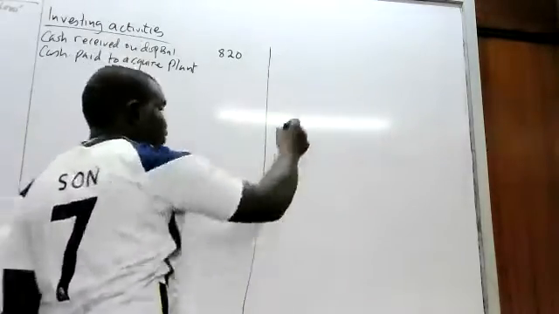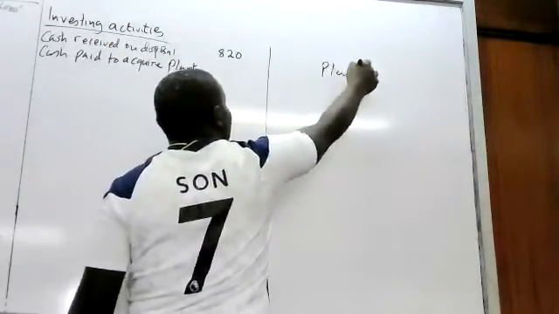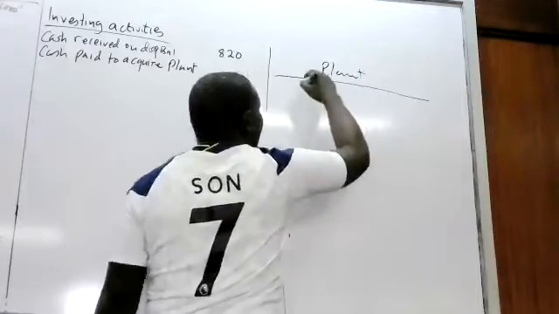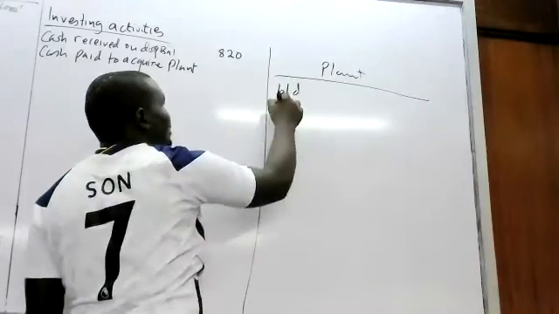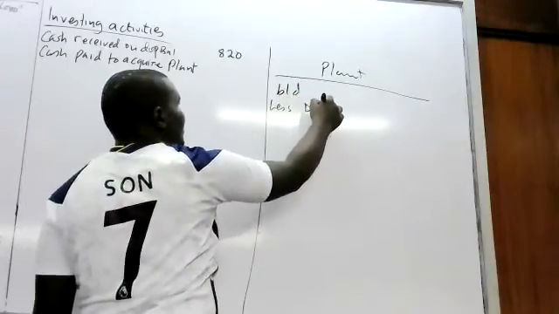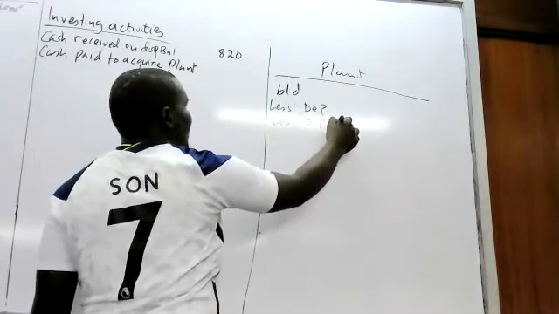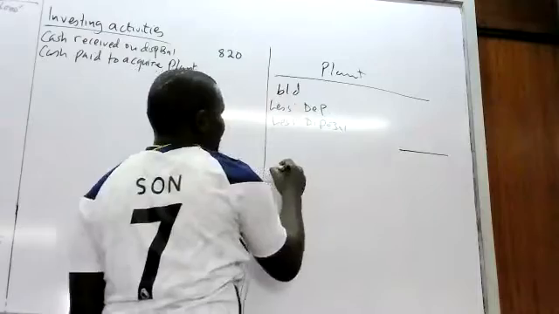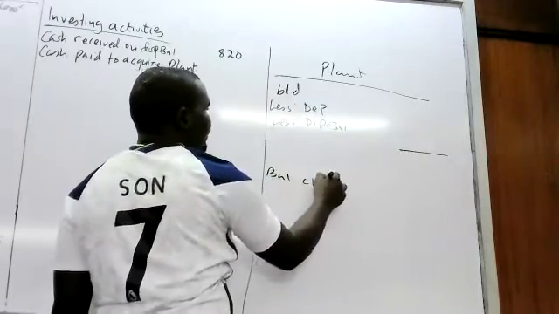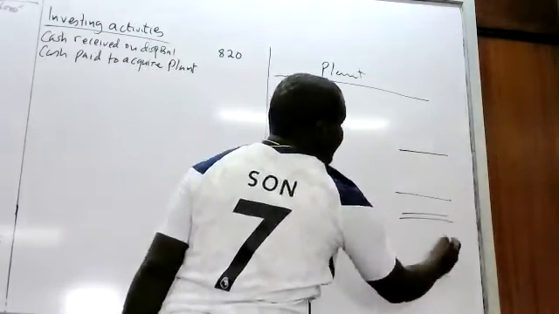If they don't give it, you have to. You say balance brought down, less depreciation, less disposal. Then we compare with the book value. Balance carried down. You'll get it very well.